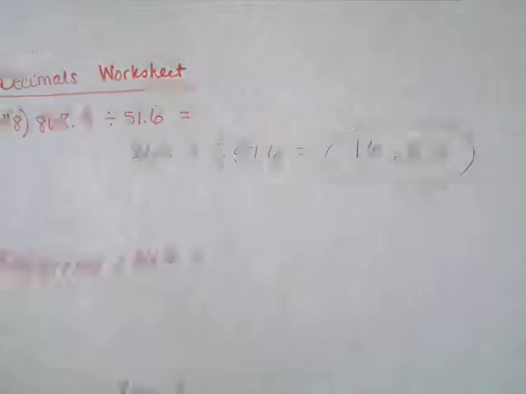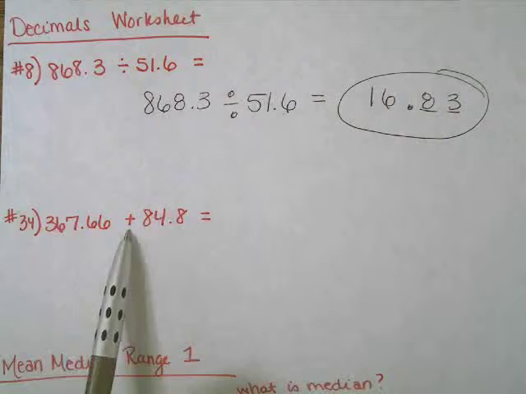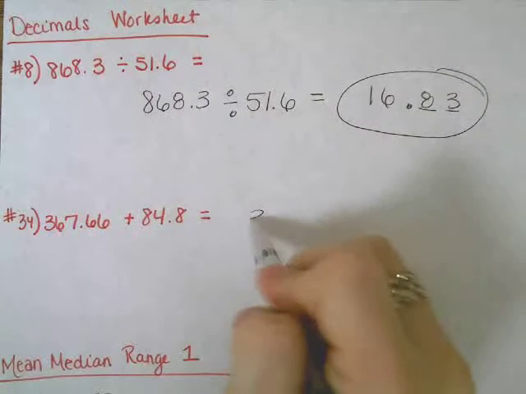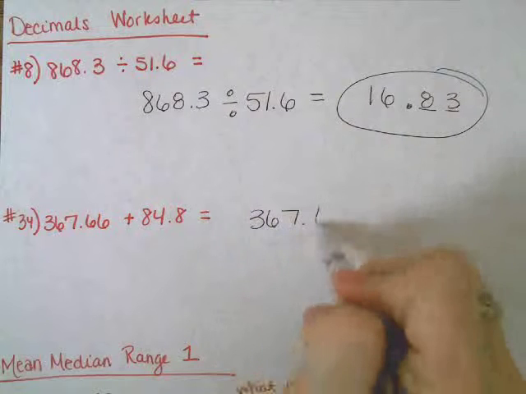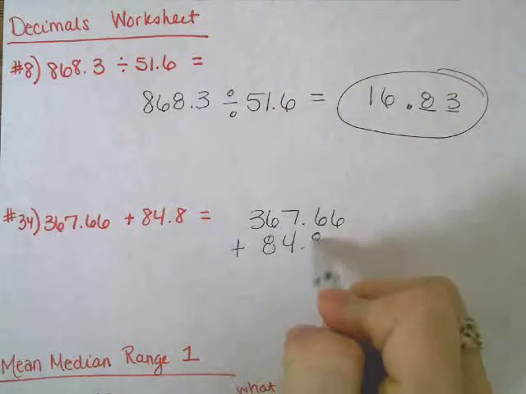All right, so then the next one we're going to do is number 34. And again, I'm just going to use my calculator, but I know that when I add, I line up my decimals, so I'm going to do my work like this. 367.66 plus 84.8.